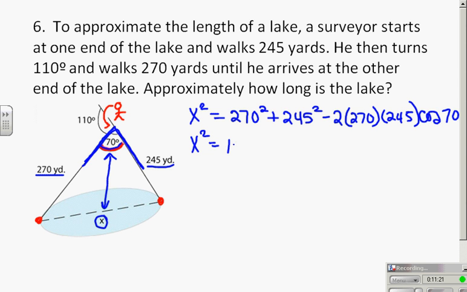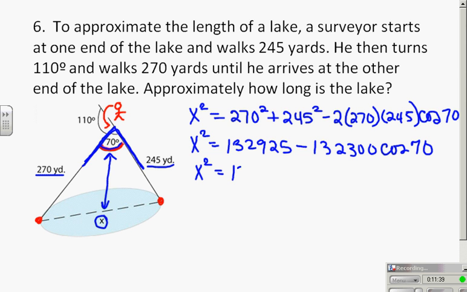Now it's just calculator work, cranking it out. X squared is equal to 132,925 minus 132. I got this 132,000 from squaring and then adding. Now I'm going to multiply the 132,300 times the cosine of 70, and that gives me 45,249.3.